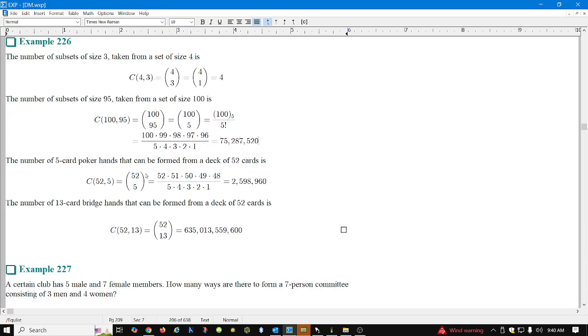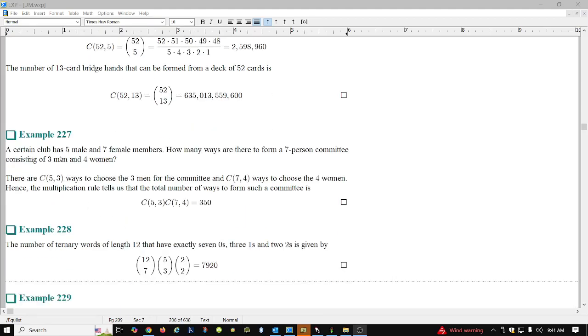If you're familiar with bridge, a wonderful game, quite complicated, bridge hands consist of 13 cards. The number of such hands is C 52 13, which is equal to 52 choose 13, which is 635,013,559,600. It's a lot of bridge hands.